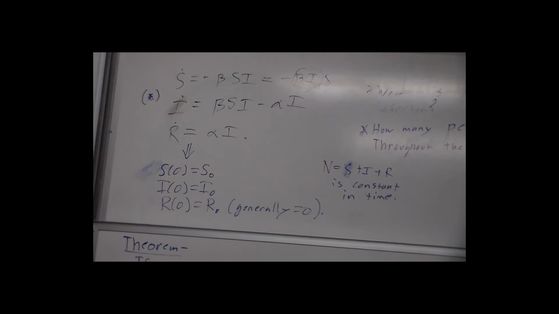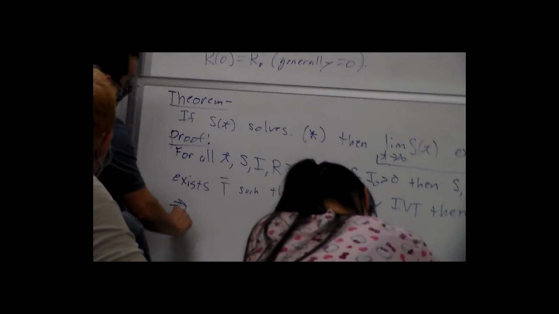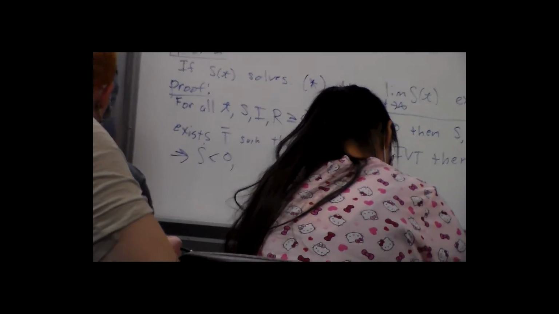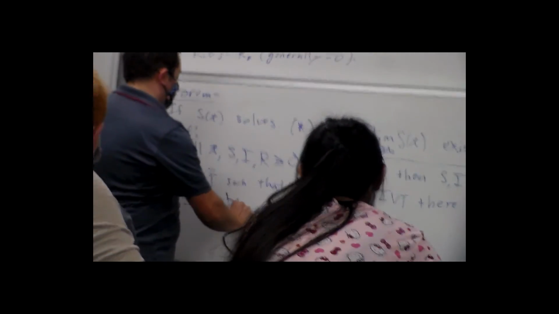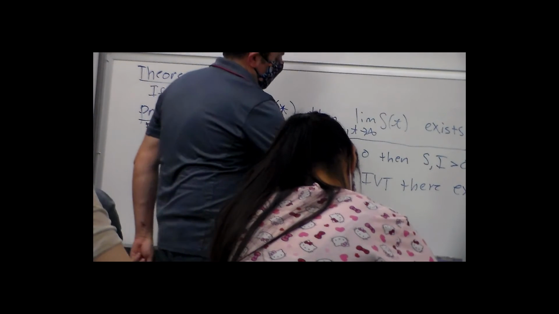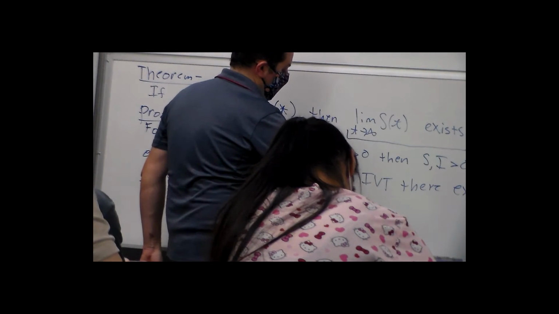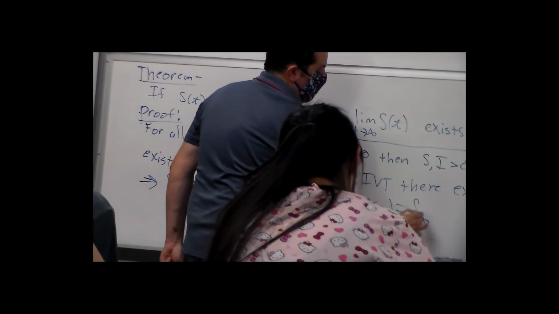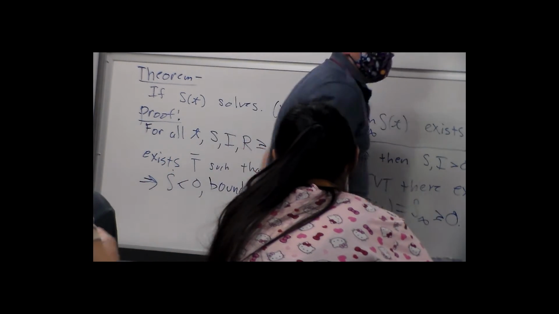So what we now know is S dot is negative, and it's bounded below. So this tells me the limit as t goes to infinity of S of t, which we call S infinity, is greater than or equal to 0.